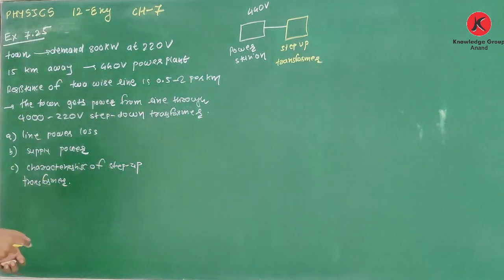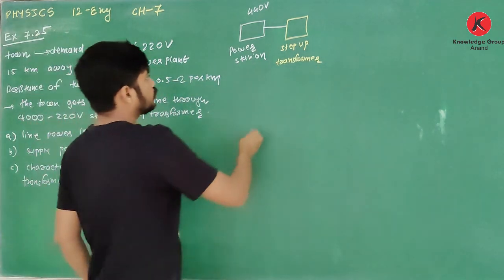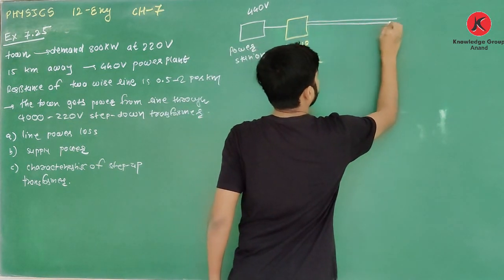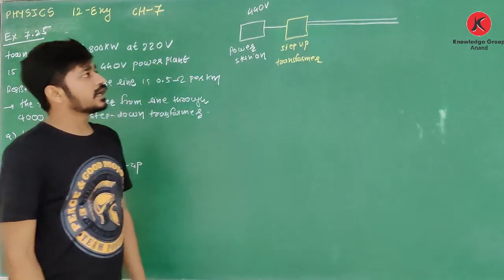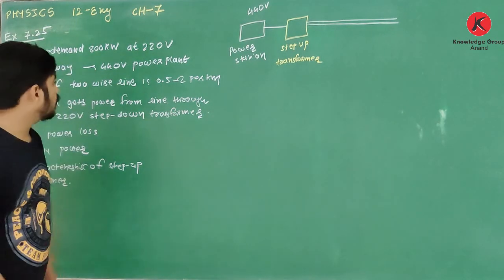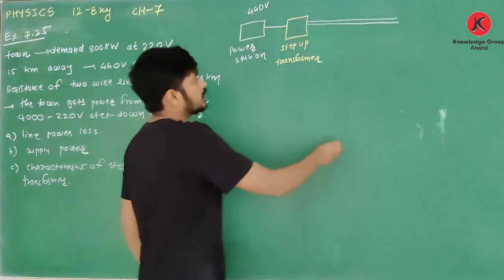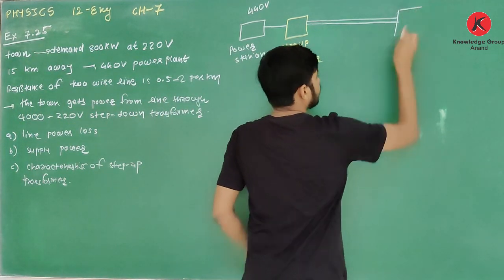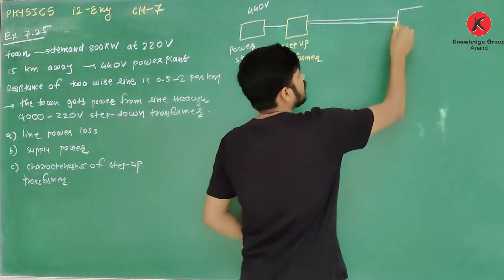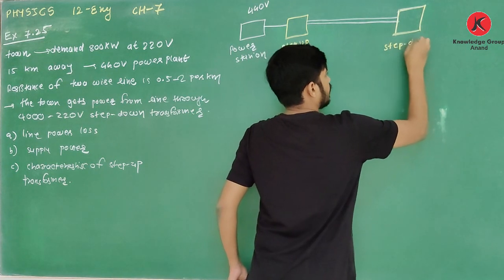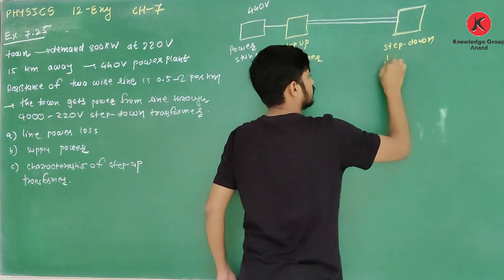Then it is supplied to the town with a two wire line like this. Now, the town gets power from the line through a 4000 to 220 volt step down transformer. So again, here it is a step down transformer.